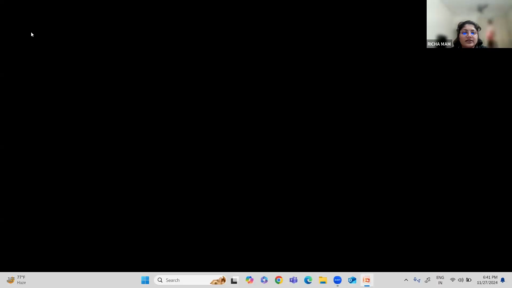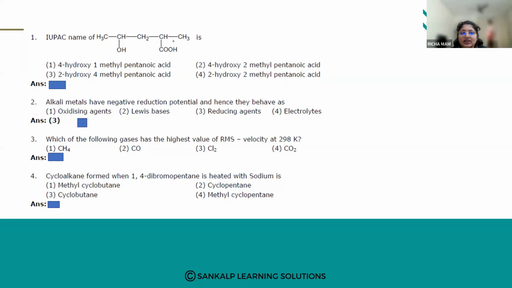So why is it the reducing agent? What is the role of a reducing agent? A reducing agent reduces others and itself undergoes oxidation. So here the reduction potential will be negative, so they will have low values of oxidation potential as compared to alkaline earth metals.